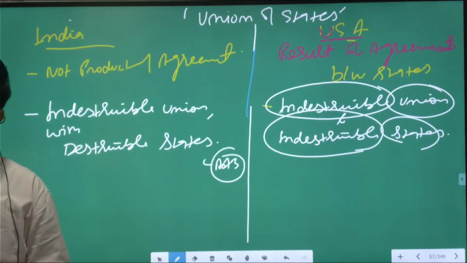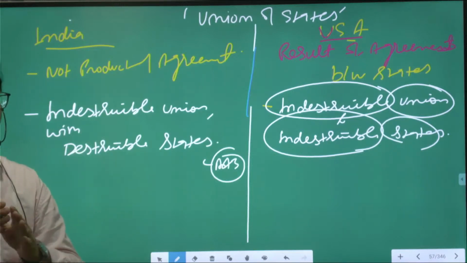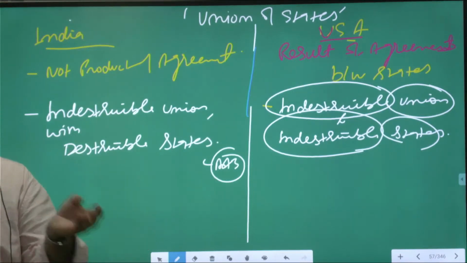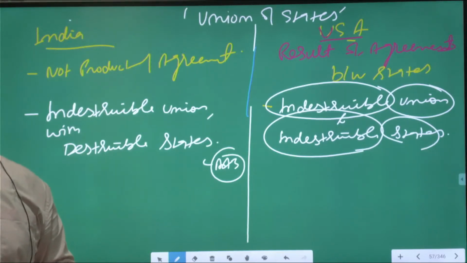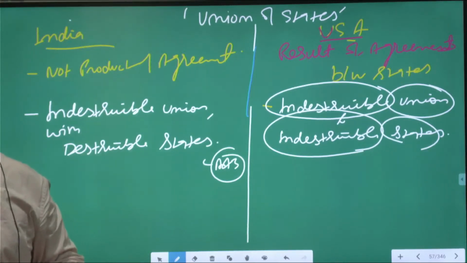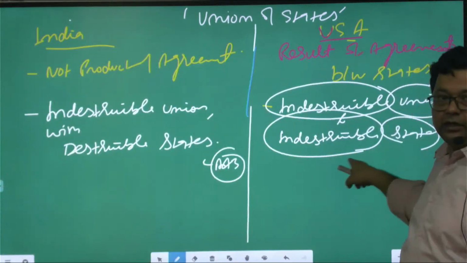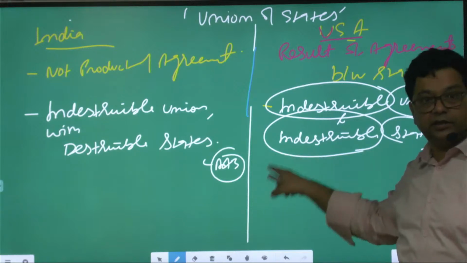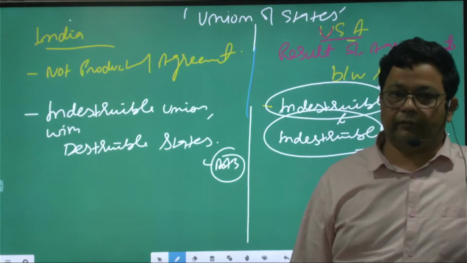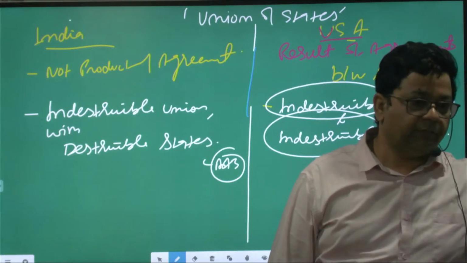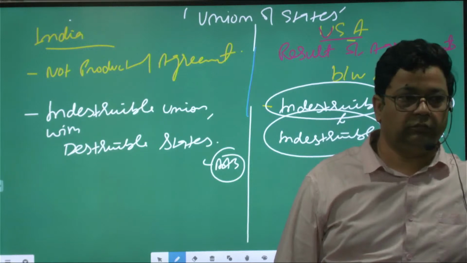It is up to the union: it can be increased, decreased, divided, or merged. So territorial integrity of the states in India has not been guaranteed by the constitution, whereas territorial integrity of the states in the United States is guaranteed by the constitution. Are you getting my point? Yes or no? Any doubt?